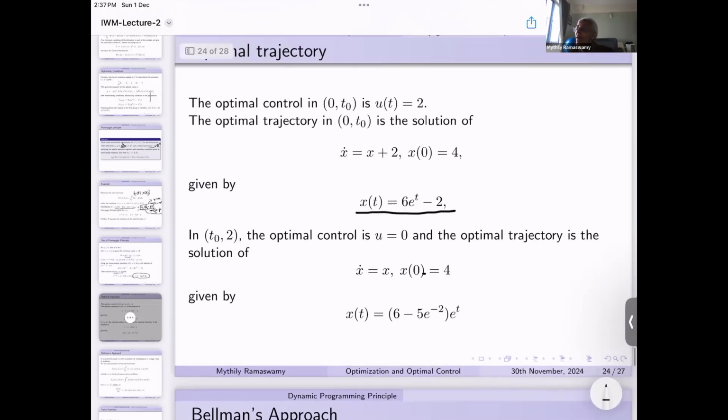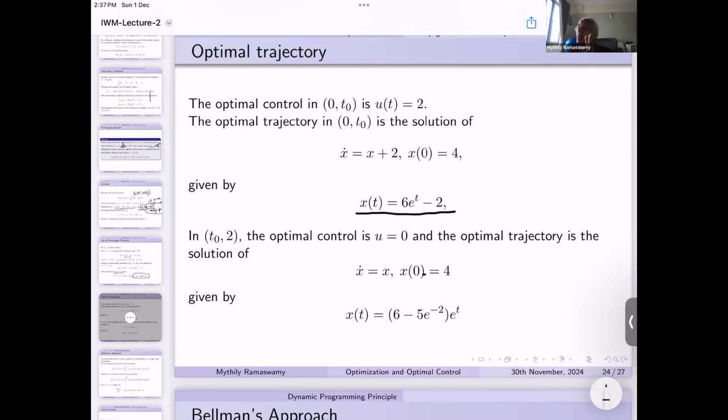So finally, we have found the optimal control as a constant 2 in 0 to t naught and another constant 0 in t naught to 2. That also gives me the optimal trajectory. This is the way we use the Pontryagin maximum principle.